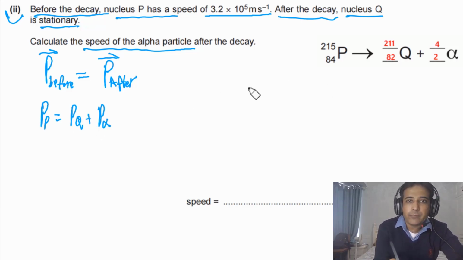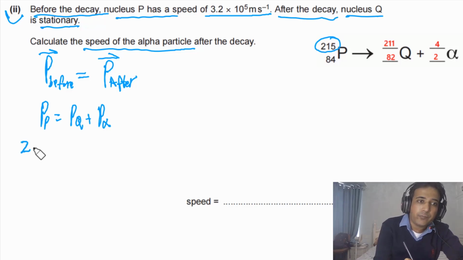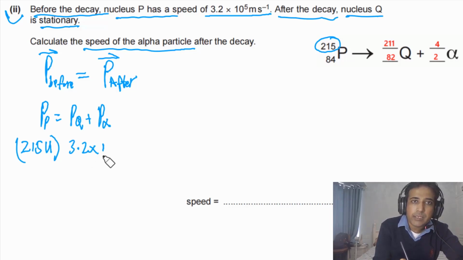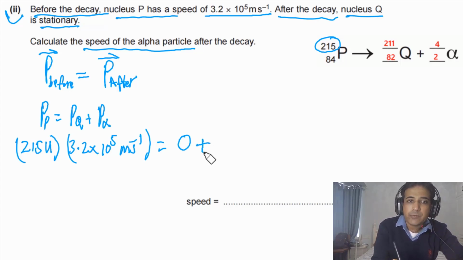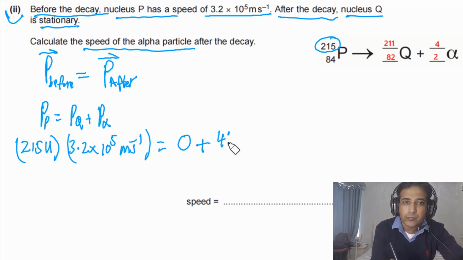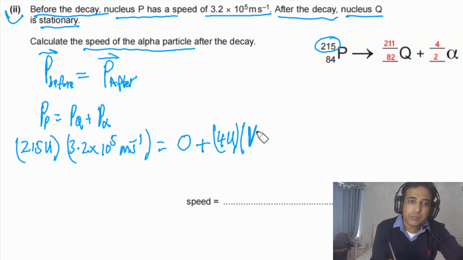Momentum of P we can find out: the mass of P is 215 u, and the speed is given to us, that is 3.2 times 10 to 5 meters per second. Momentum of Q is equal to 0 because it is stationary, plus we have the momentum of the alpha particle. Mass of the alpha particle is 4u times v, the speed we need to find.